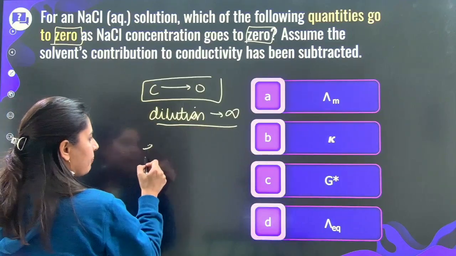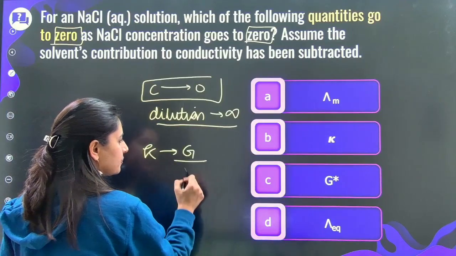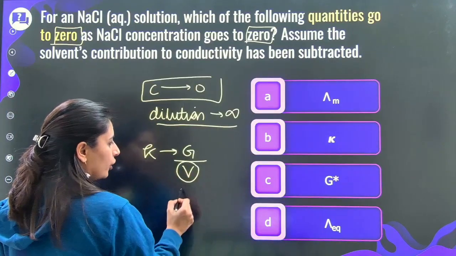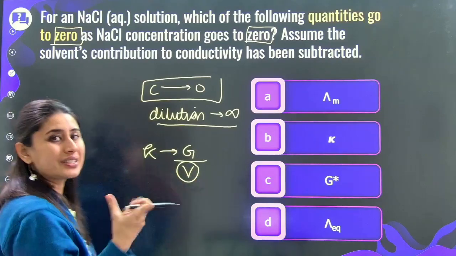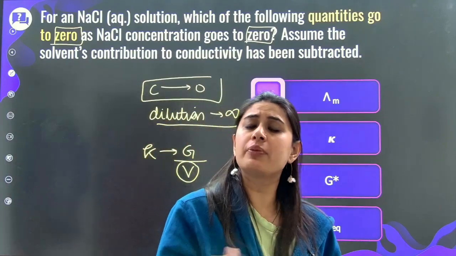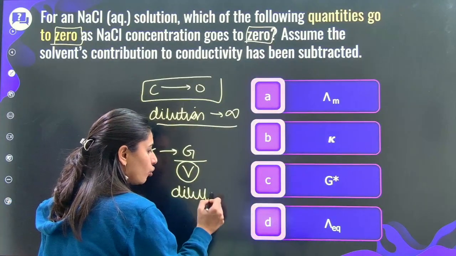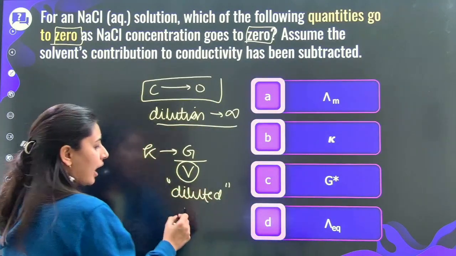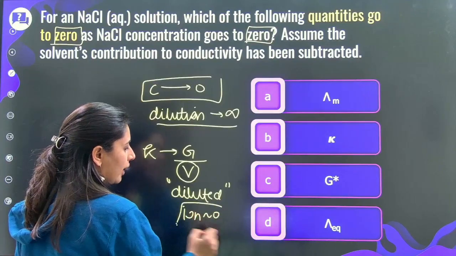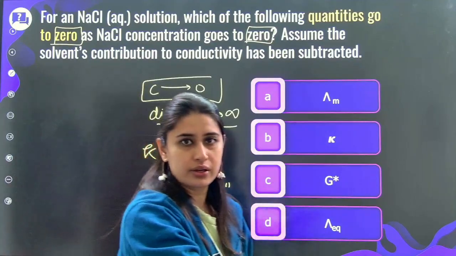Please understand, kappa we considered as conductance per unit volume. We also understand that the more concentrated the solution, the more will be the number of ions. The more diluted the solution, it is so diluted that the ions are approximately zero and it's just water, right?